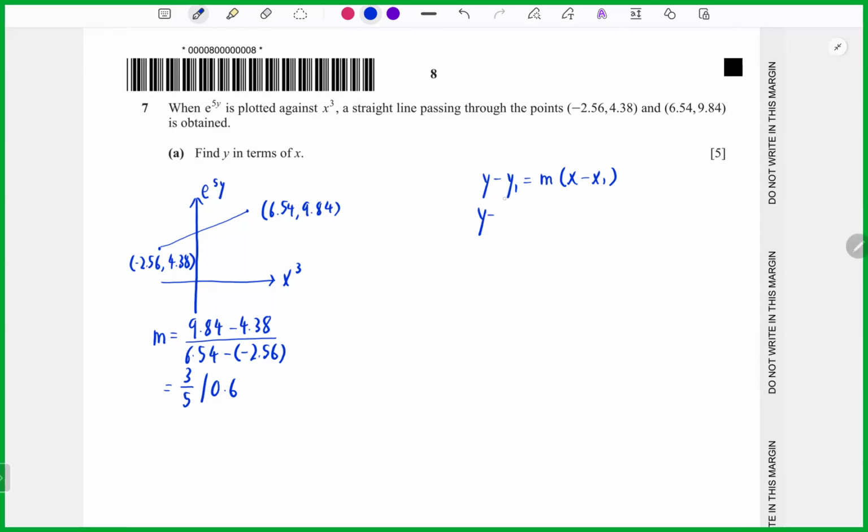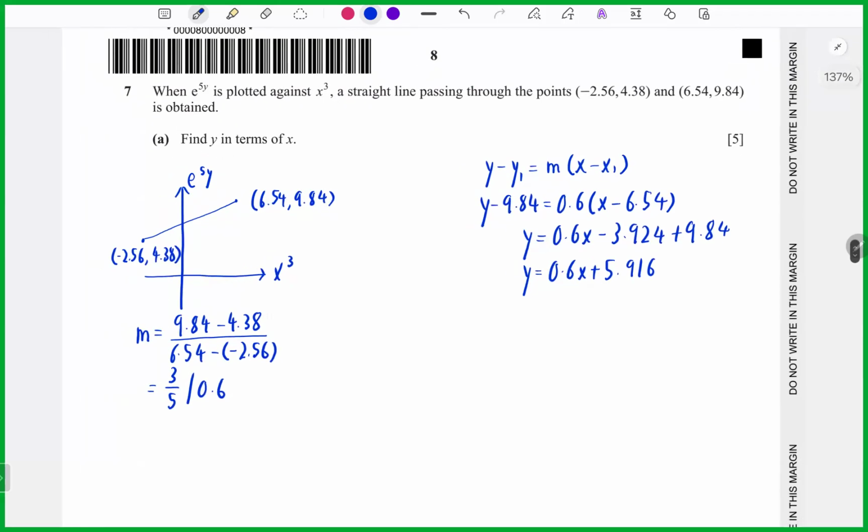I take y minus 9.84 equals 0.6 times x minus 6.54. So y equals 0.6x minus 6.54 multiplied by 0.6, which is 3.924, plus 9.84. So y equals 0.6x plus 9.84 minus 3.924, which gives 5.916.